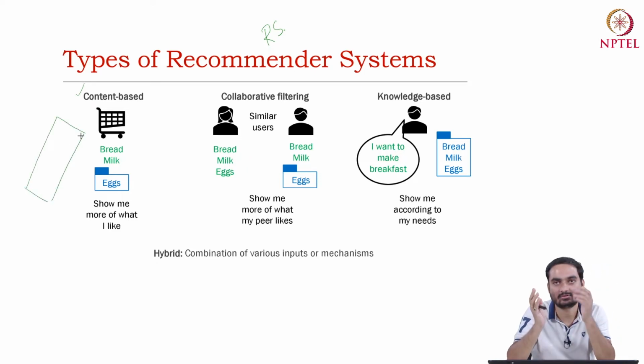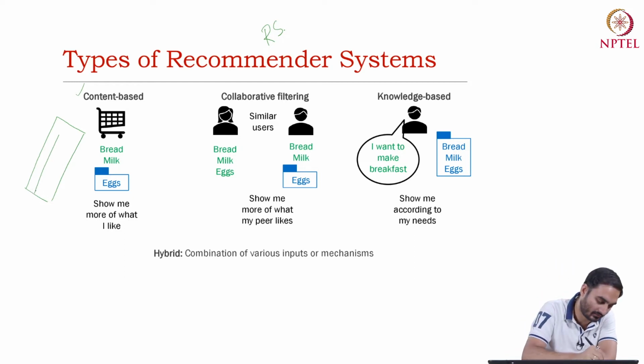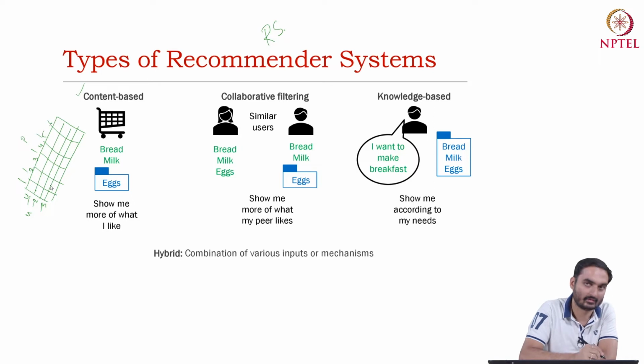If you have historical data, say user-product purchase data, you can think of a matrix where rows are users and columns are products. Say this is user 1, 2, 3, and product 1, product 2, product 3, 4, 5, 6.